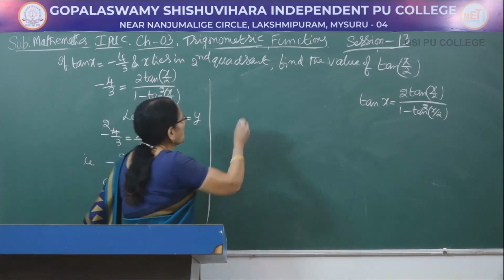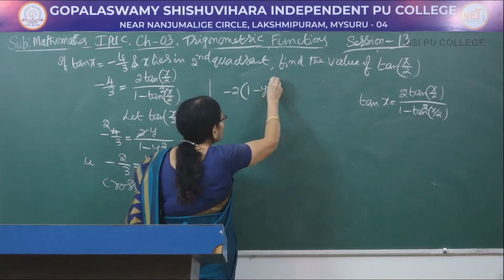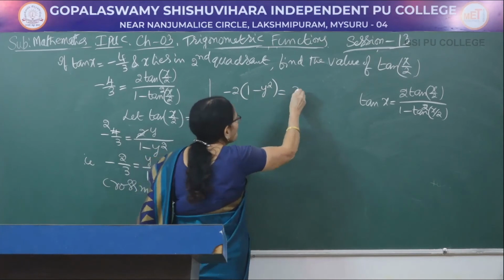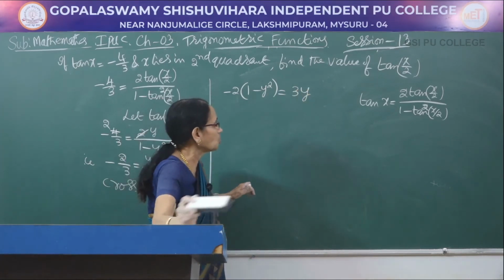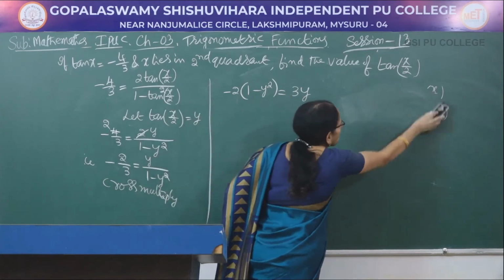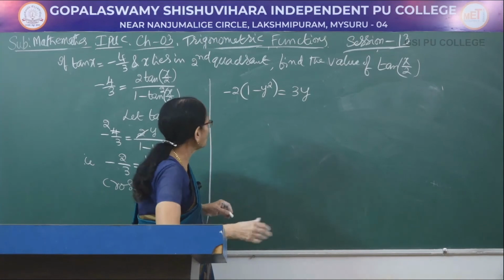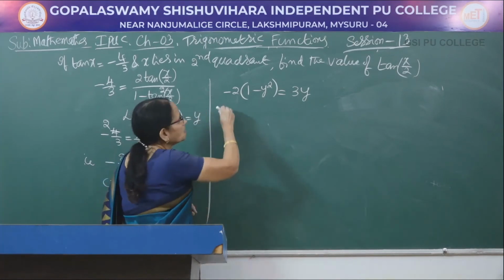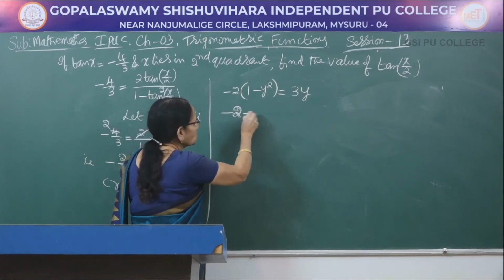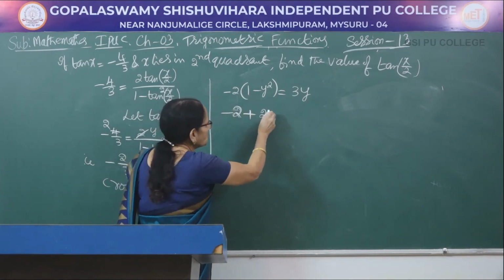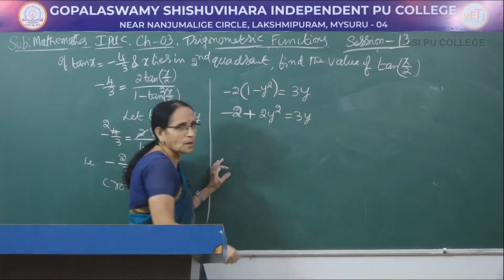When you cross multiply, it is minus 2 into 1 minus y square. That would be equal to 3y. That is the right hand side, 3 into y, and the other side is minus 2 into 1 minus y square. Now, let me remove the bracket. Minus 2 into 1, that is minus 2, minus of minus plus 2y square, that would be equal to 3y.